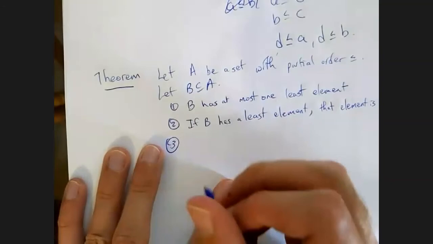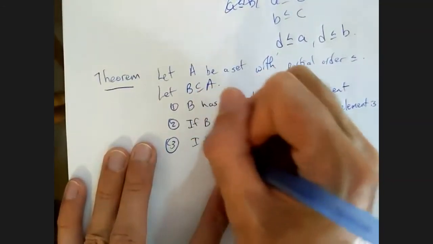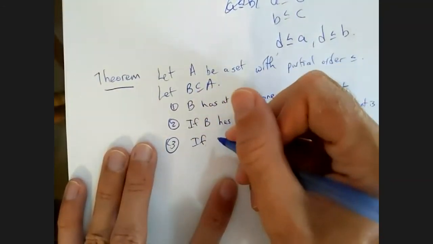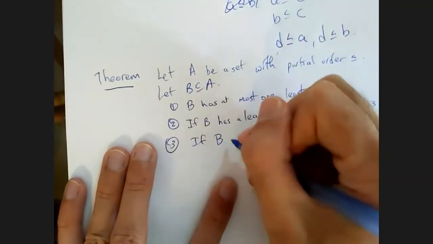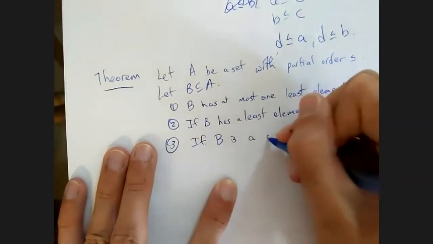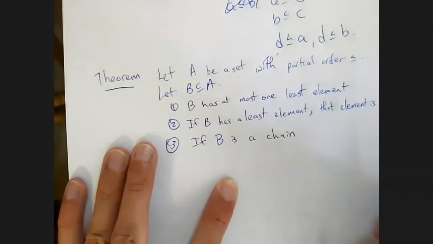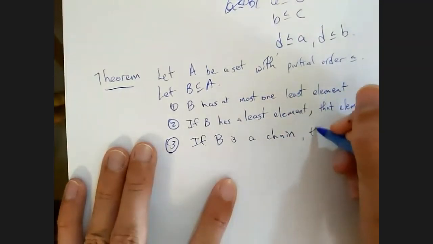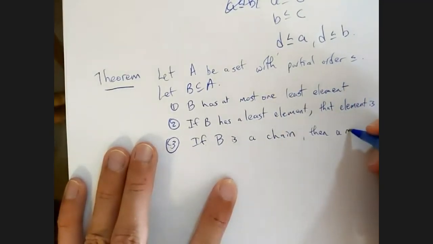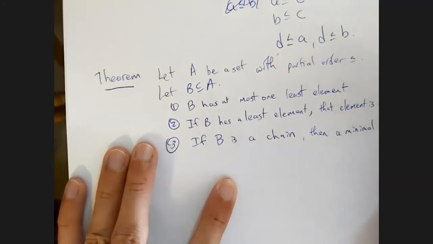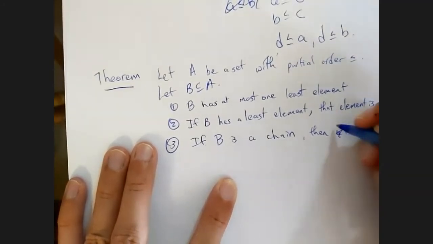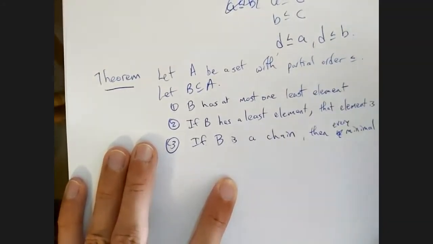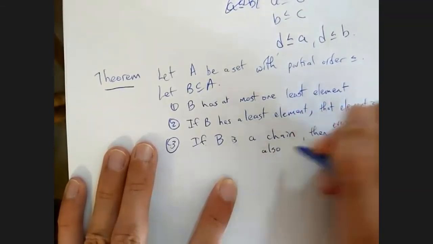Three: if B is a chain, meaning that it's totally ordered, or any two elements are comparable, then every minimal element is also a least element.